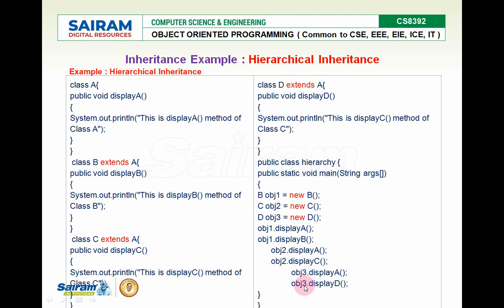So with obj3 we can call displayA and displayD. A single class is inherited by multiple derived classes. That is what is called hierarchical inheritance.